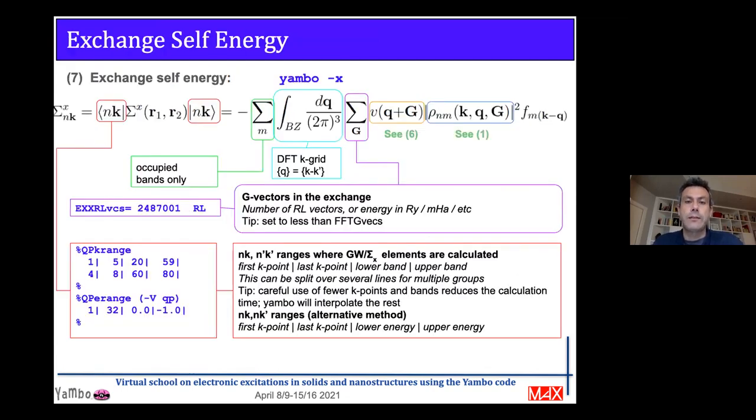Here, just very quickly, this is something you will see in the afternoon in the hands-on. These are exactly the variables that we have to check in input to converge. In the case of the exchange part of the self-energy, the cutoff in plane waves and the k-point grid.